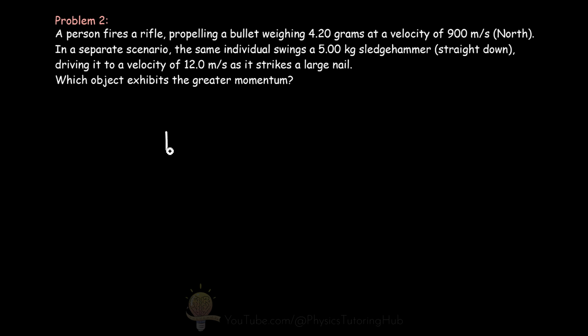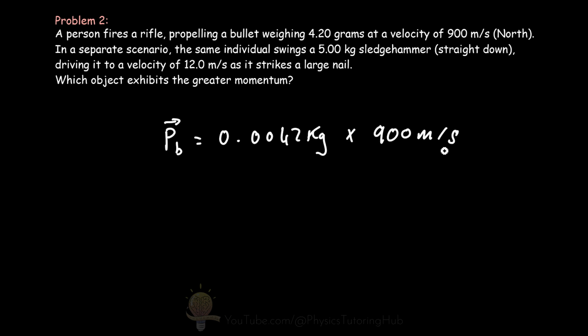So for the bullet, the momentum is equal to its mass, 0.0042 kilograms, multiplied by its speed, 900 meters per second.